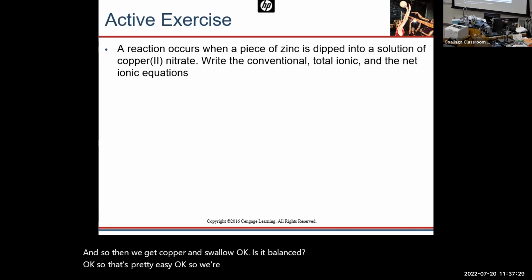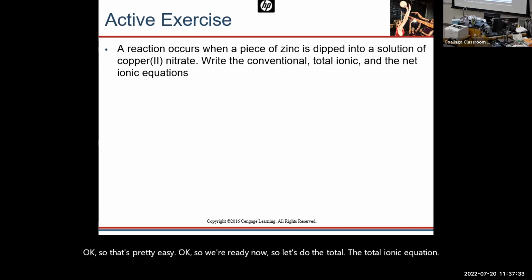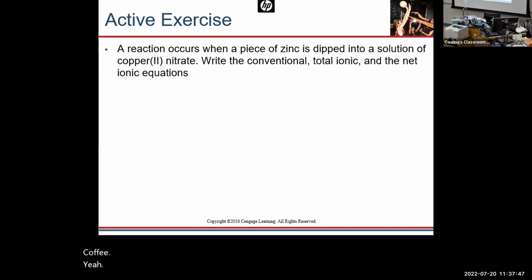So let's do the total ionic equation. Copper 2+ plus nitrate, plus zinc, plus nitrate.